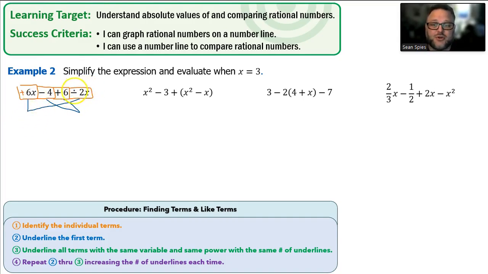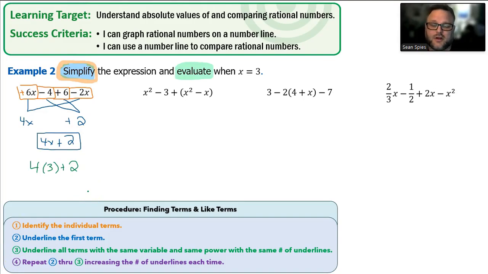So that means 2 of these negatives will cancel 2 of these 6's and leave me with 4 x's. I can do the same thing with 4 negatives and 6 positives, which is going to leave 2 positives. So then, to write this in simplest form, I just write it together like so.